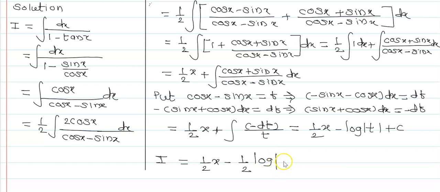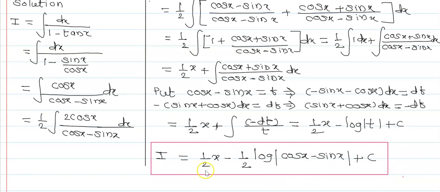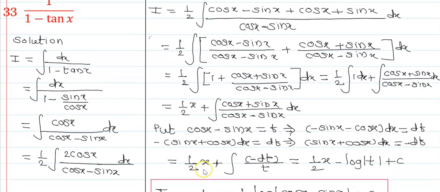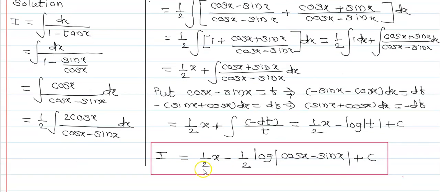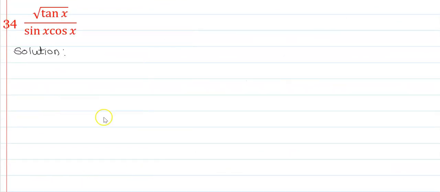What is t here? t is cos x minus sin x, plus c, and this is the answer. Now the next problem.